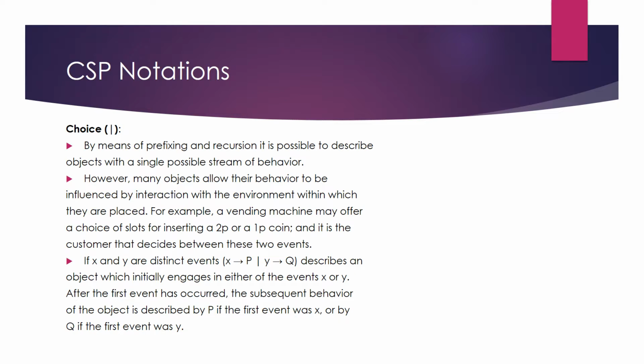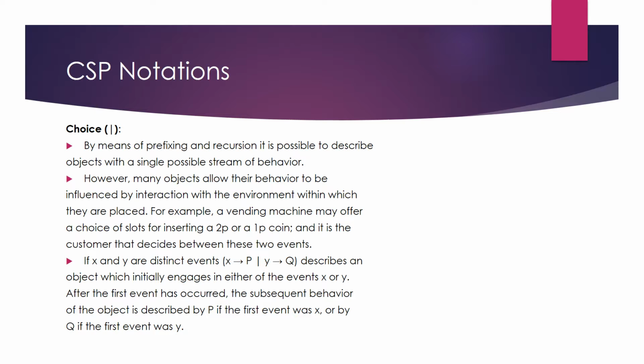So the next notation we are discussing is choice. However, many objects allow their behavior to be influenced by interaction with the environment within which they are placed. So if x and y are distinct events, we denote the same thing. So P and Q are the processes and x and y are the events.